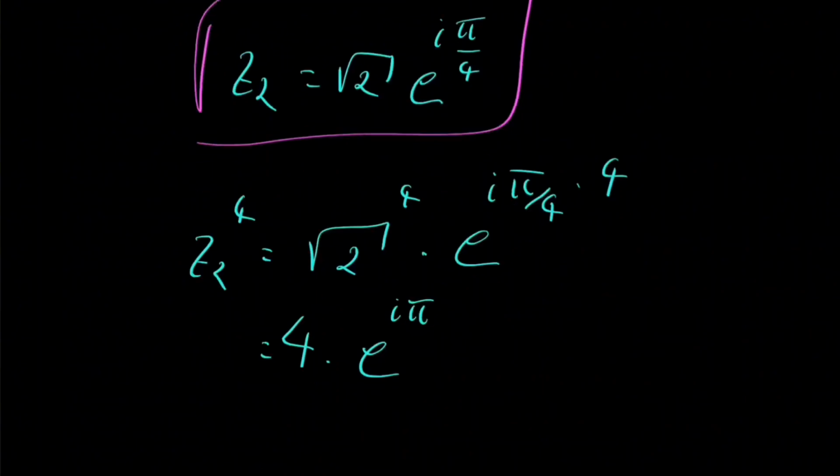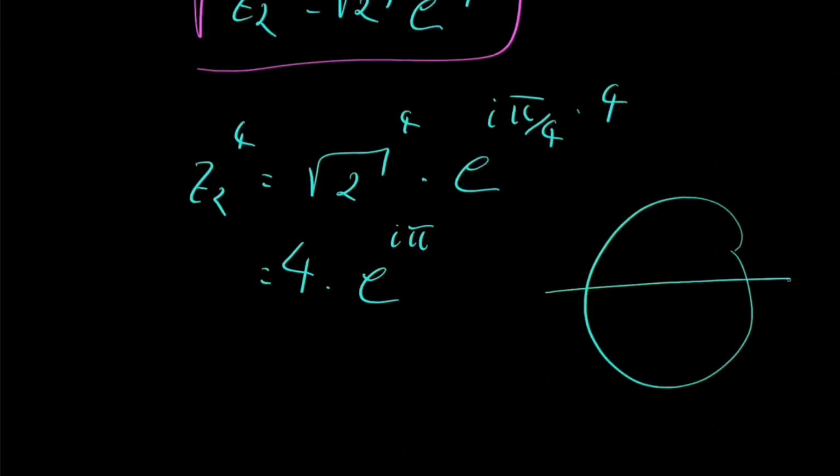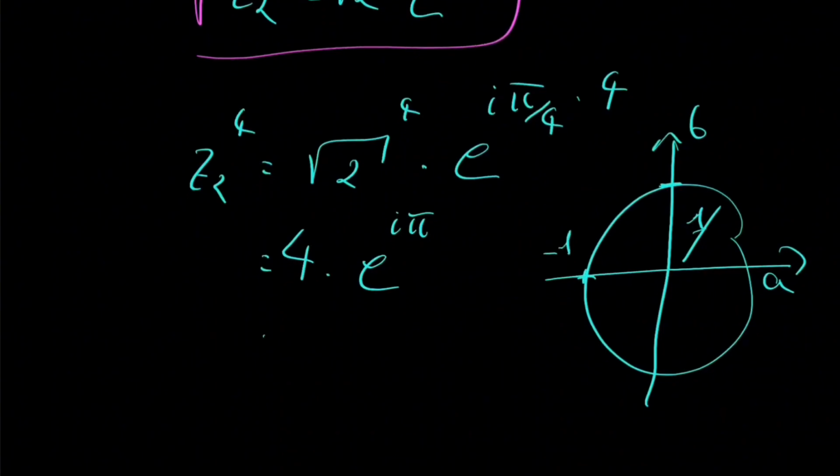And if we look at the complex plane with the real part here, the imaginary part here, with a radius of 1, the regular thing, we got i pi, so here is equal to minus 1. Okay, so we got minus 4 because i pi is this point. So z2 to the fourth is equal to minus 4.